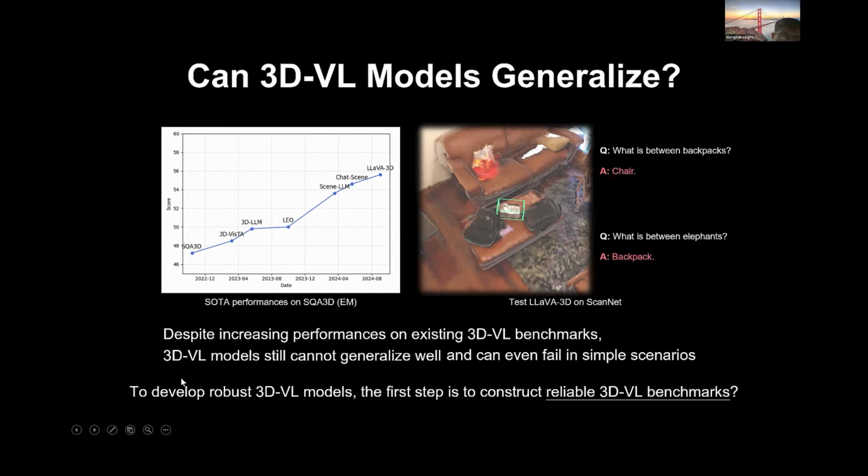So it shows that the 3D VL model still cannot generalize well and can even fail in some simple scenarios. For these two questions, I think they are very simple. So to develop robust 3D VL models, the first step, I think, is to construct reliable 3D VL benchmarks.